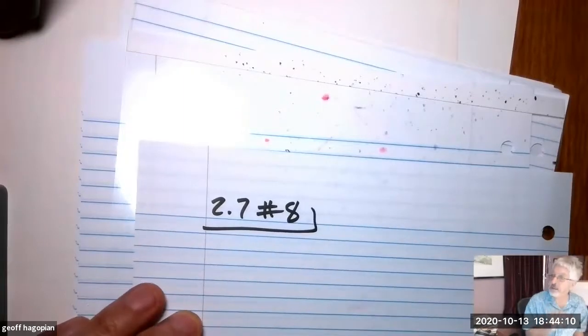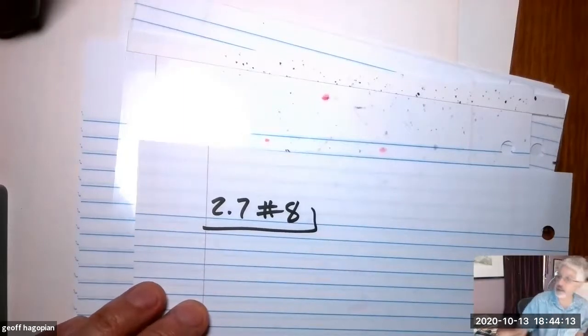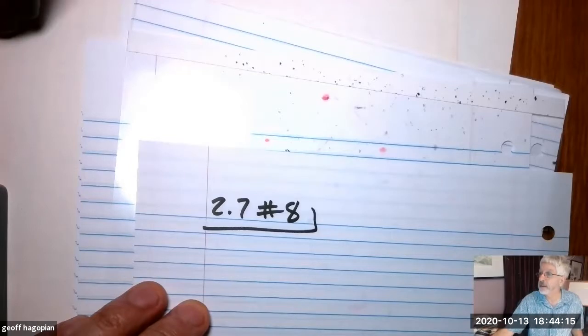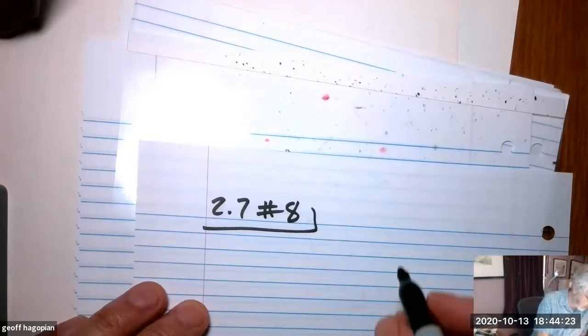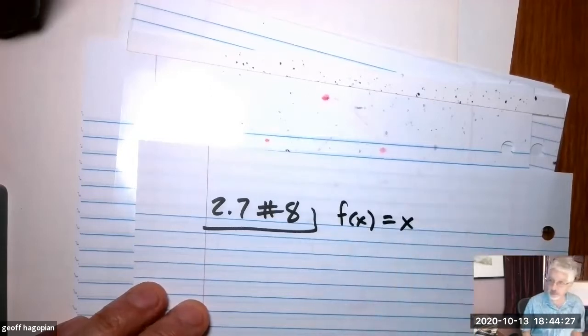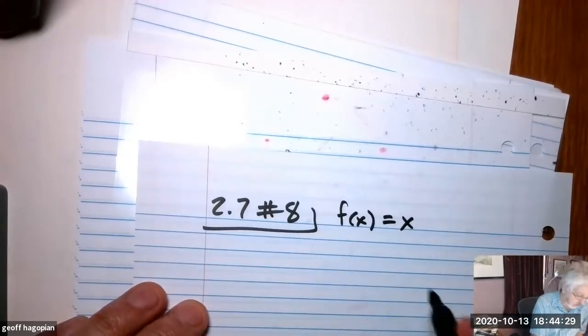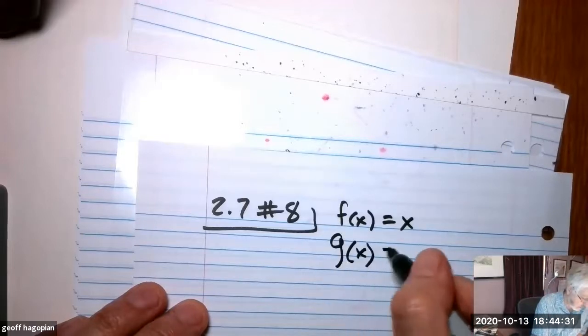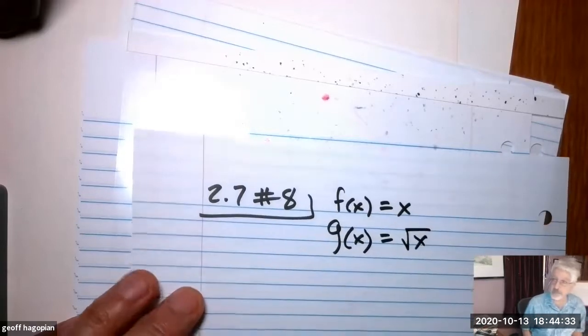And we see f of x is x, and g of x is square root of x. So here, f just maps the input to the output, and g of x says the output is the square root of the input.